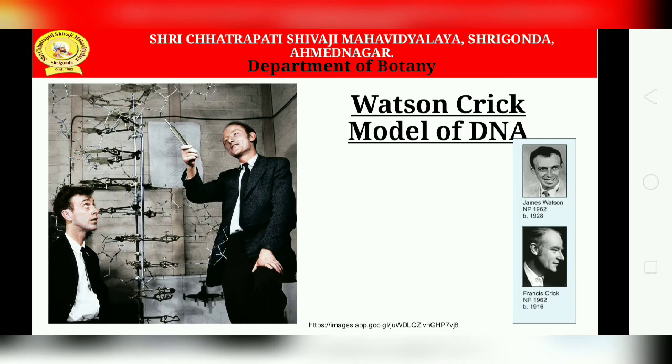Now the Watson and Crick model of DNA. These are the scientists. In 1953, the American biologist J.D. Watson and the British physicist Francis Crick proposed the three-dimensional model of physiological DNA, also known as B-DNA, on the basis of X-ray diffraction data of DNA obtained by Franklin and Wilkins.